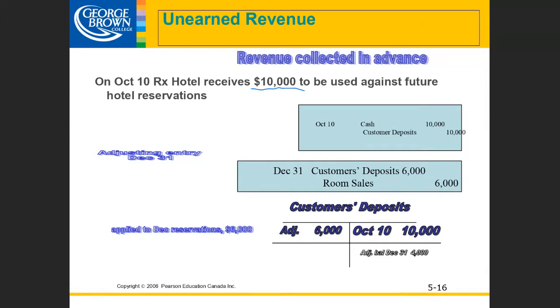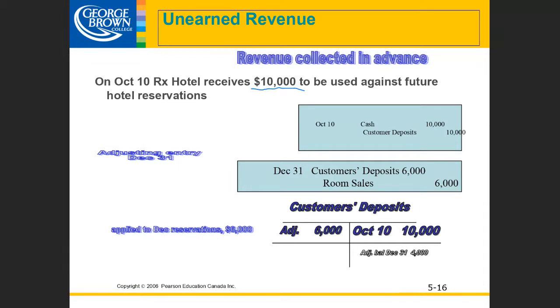So they'll say, hey, Delta, here's $10,000. All of our associates who come to that travel will use Delta Hotels, and you can deduct their stay from this $10,000. So we as Delta Hotels now have what we call unearned revenue.